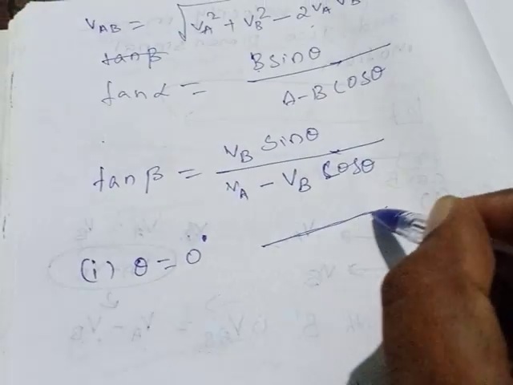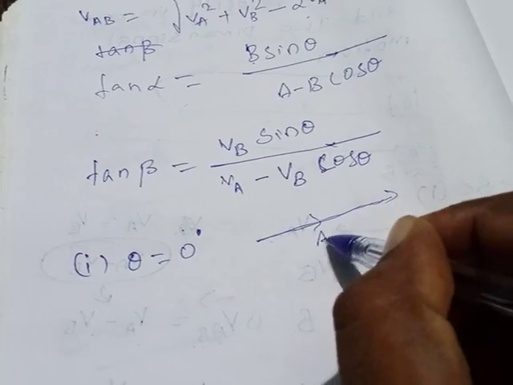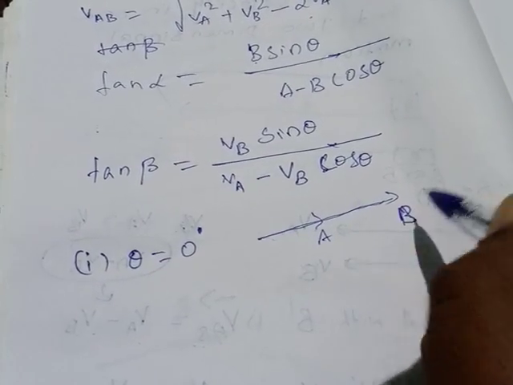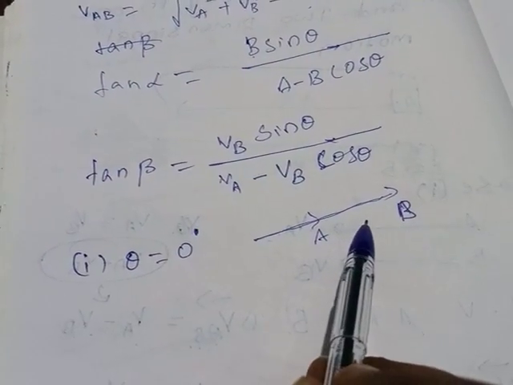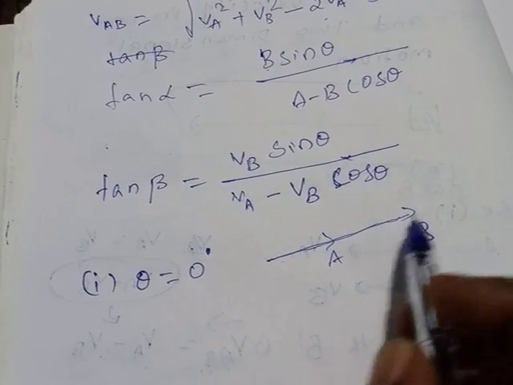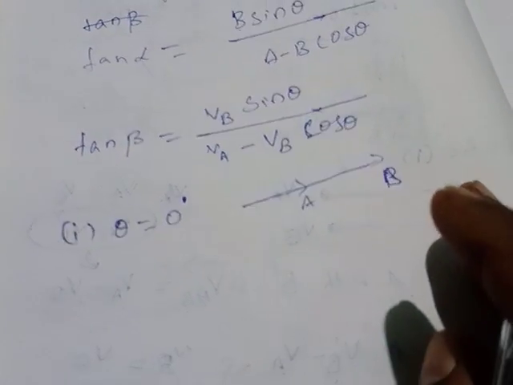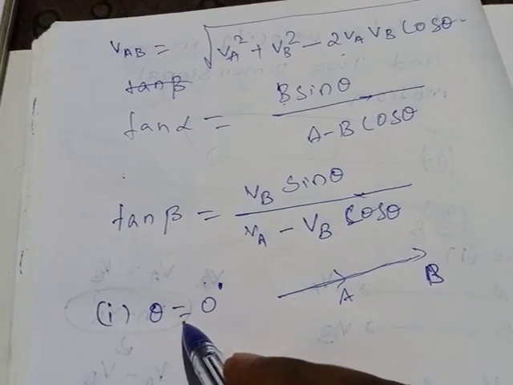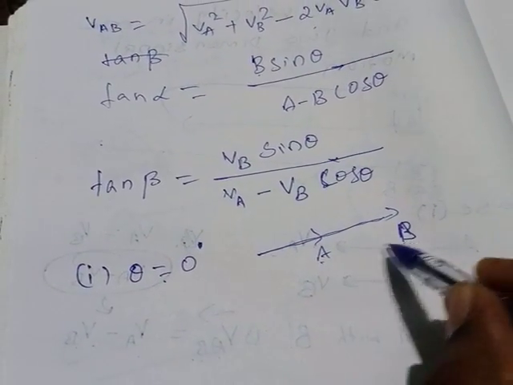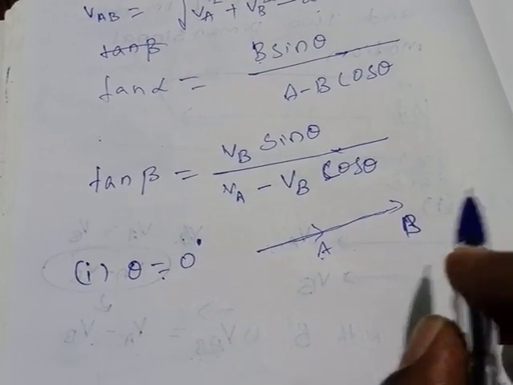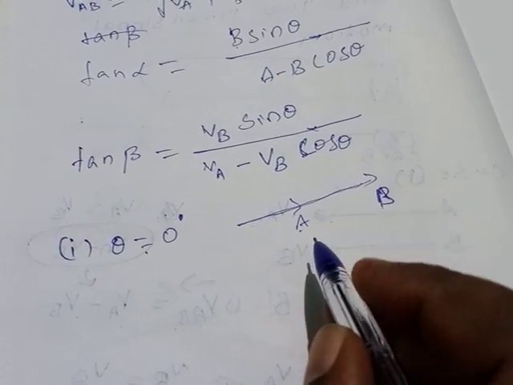Both object A and object B are moving in a straight line in the same direction.